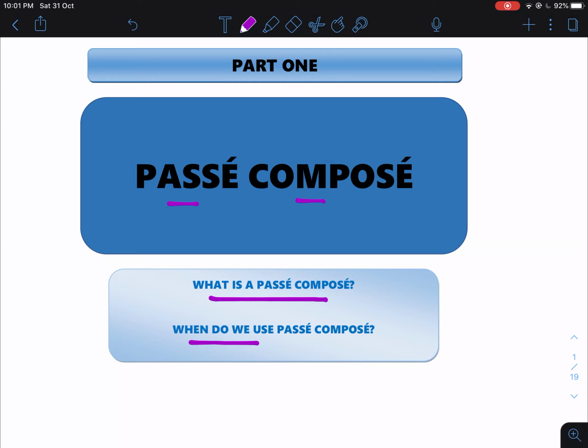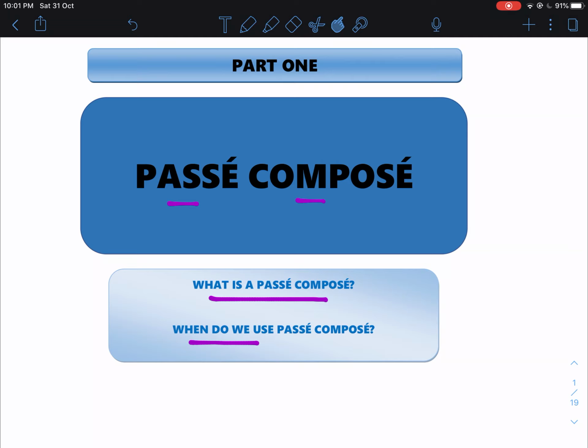Alright. Passé composé is one of the past tenses that you will use in most cases, since it is one of the past tenses that we use to express what we have been doing over the weekend, for example. Okay?